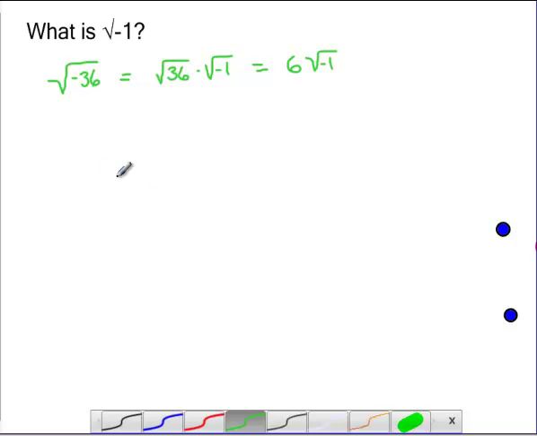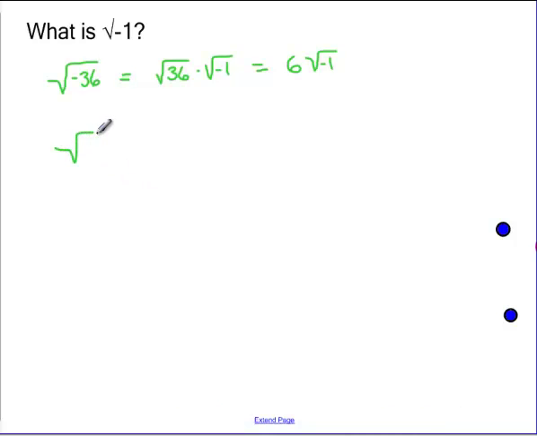So Gauss said this. If he could define what the square root of -1 was, he'd be in great shape. Now, we know the square root of -1 is not 1, because 1 times 1 would get me 1. And we know the square root of -1 is not -1, because -1 times -1 would get me a +1, and that doesn't work.